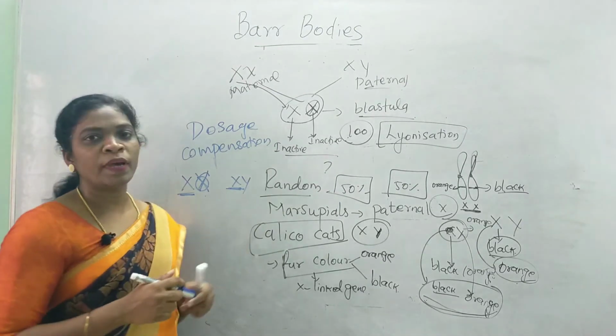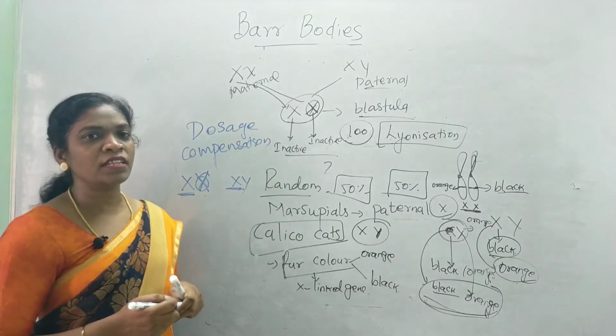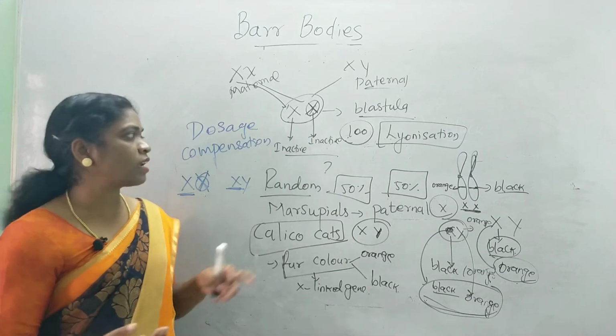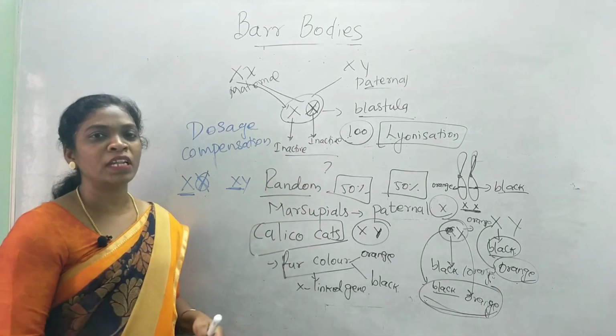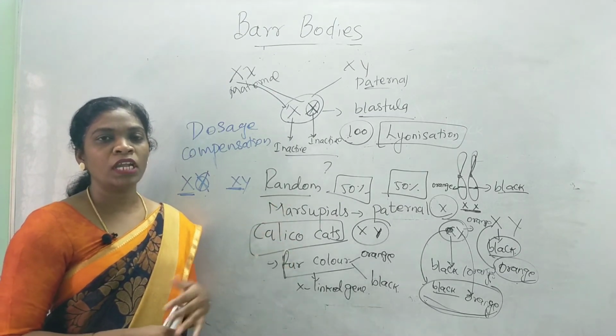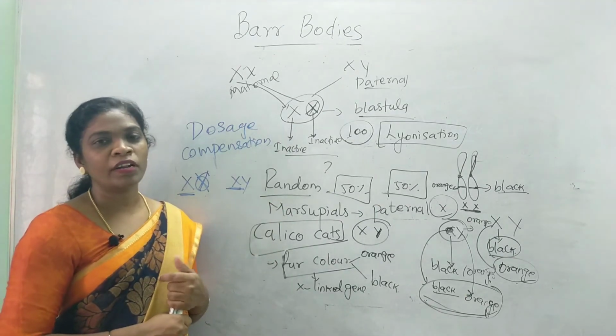This is what was proposed by Mary Lyon. That is why the hypothesis is known as Lyonization. It is nothing but to maintain genetic equality. The inactive chromosome remains transcriptionally inactive, so it cannot produce any protein. To avoid the problem, one of the X chromosomes remains inactive, in eutherian mammals and in marsupial organisms.